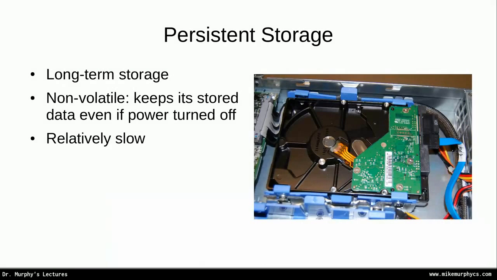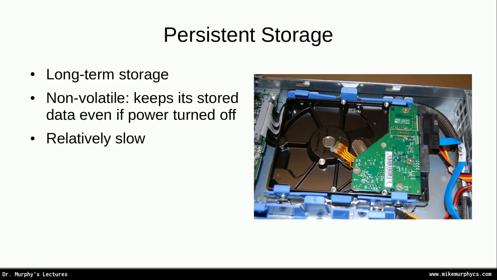But for long-term storage, we use other types of devices, and we call these devices collectively persistent storage devices. These long-term storage devices are non-volatile. They keep their stored data even if we turn off the power or unplug the computer. There is a trade-off, however, and that is that they are slow.